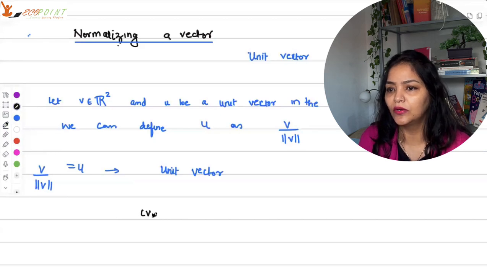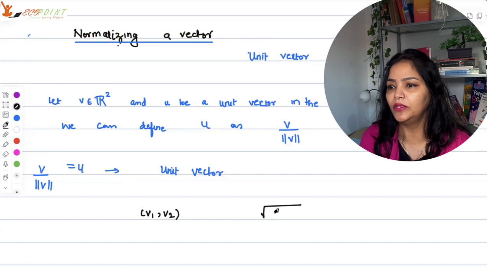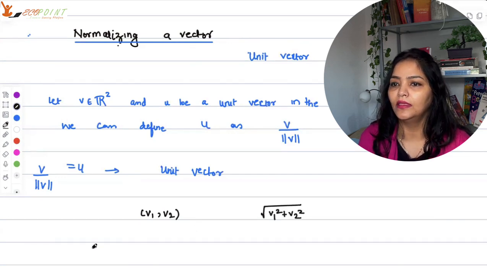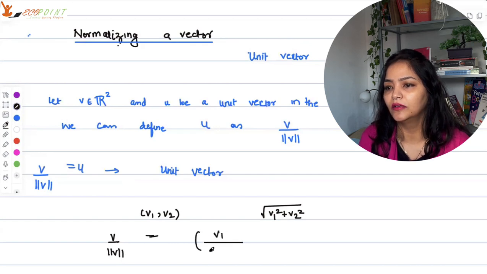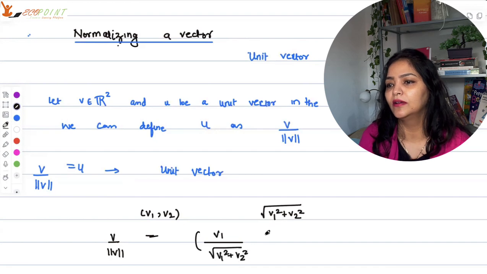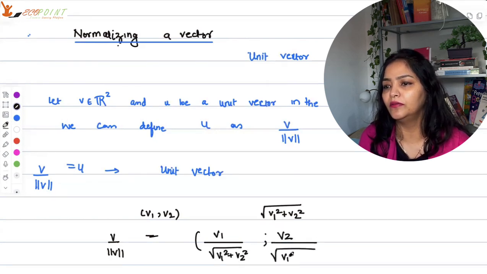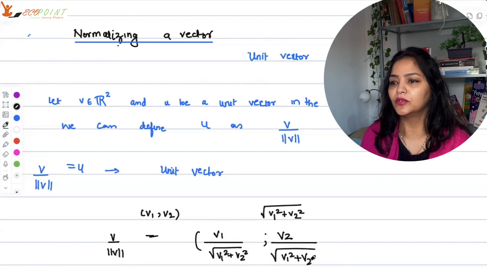Whatever is your vector, say v1, v2, the norm of v1, v2 will be the square root of v1 square plus v2 square. Now, if you take another vector, which is v upon the norm of v, this vector will become v1 upon the square root of v1 square plus v2 square, v2 upon the square root of v1 square plus v2 square.